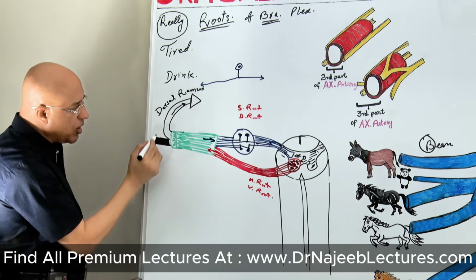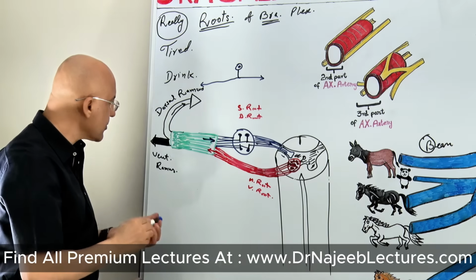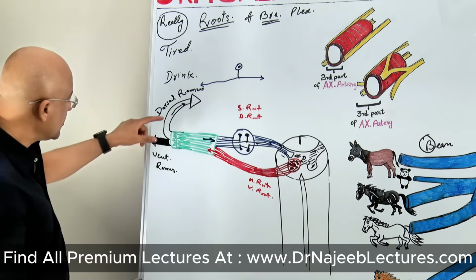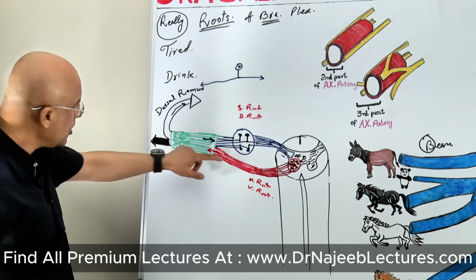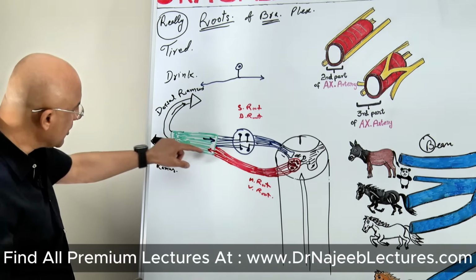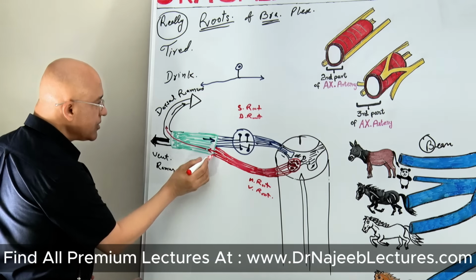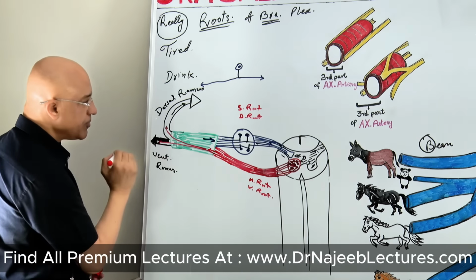Now, dorsal ramus also has motor fibers, and ventral ramus also has motor fibers, right?